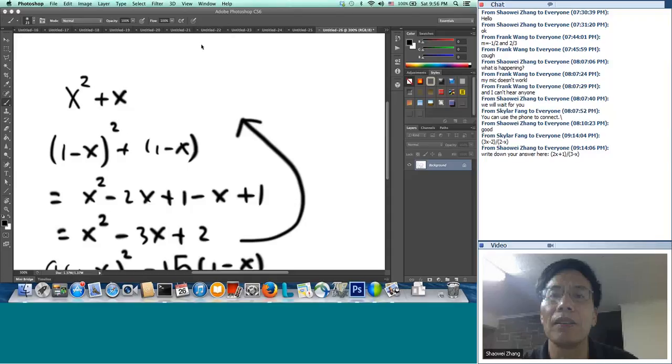Okay, leave it as homework. So remember a minute ago we were talking about which one has the square equal to 1? Let me see which question it was.